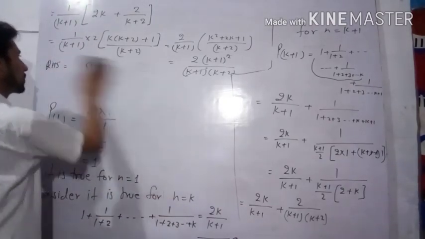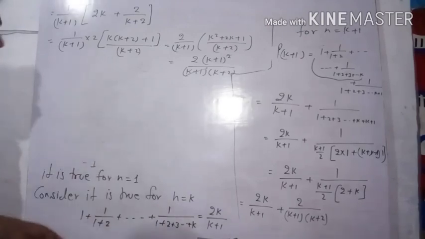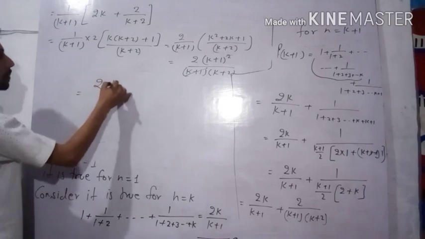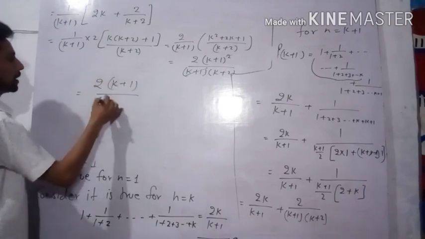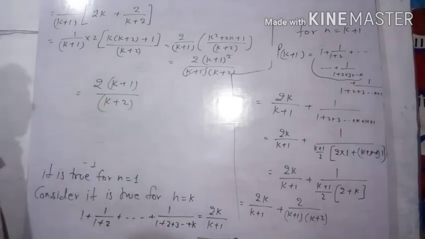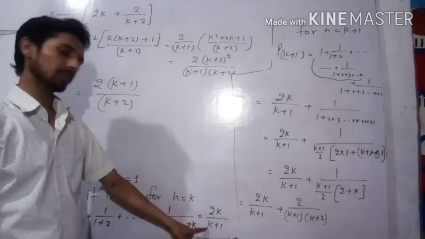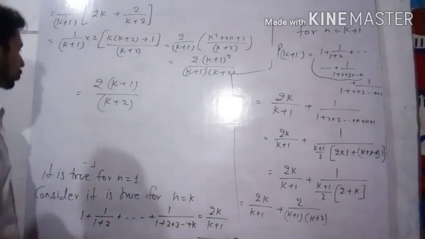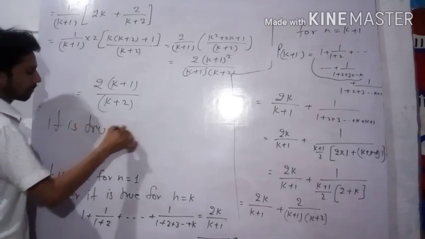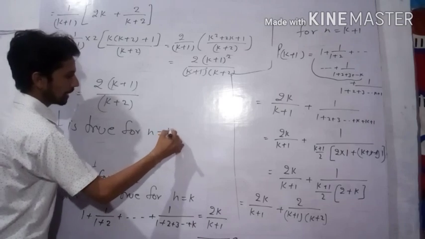So now you can see this is 2(k+1)/(k+2). Now the value of n is k plus 1 according to this. So it is true for n equals k plus 1.